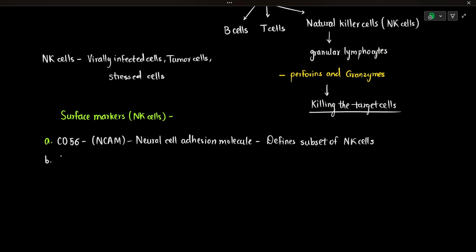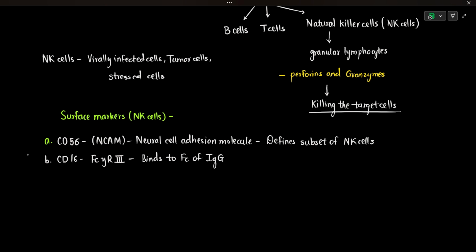Then there are other surface markers such as CD16, and it is actually a receptor for the antibody IgG. Okay, so this is actually Fc gamma receptor 3, and it binds to the Fc region of antibody IgG.